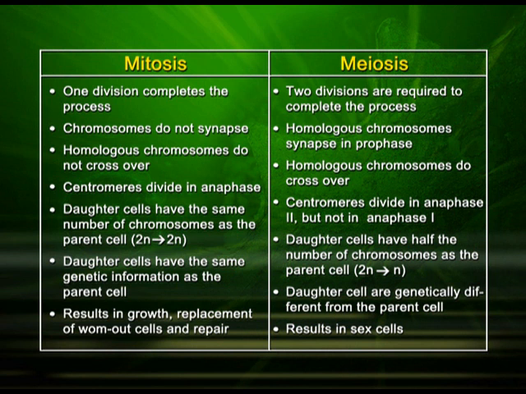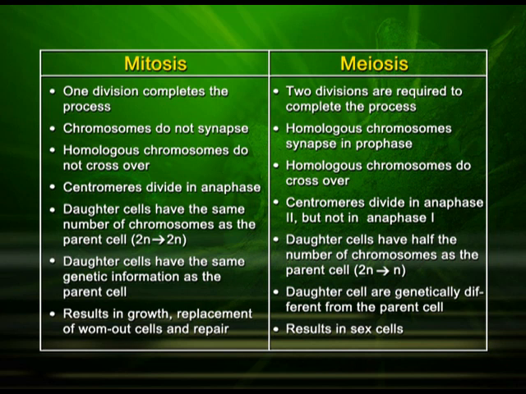Daughter cells in mitosis have the same number of chromosomes as the parent cell. A diploid cell gives rise to a diploid cell, whereas in meiosis, daughter cells have half the number of chromosomes as the parent cell. A diploid cell gives rise to 4 haploid cells.